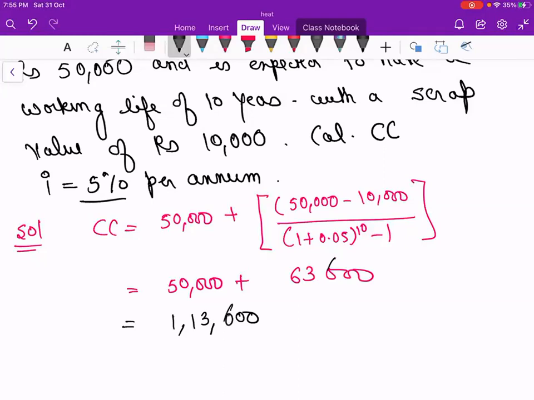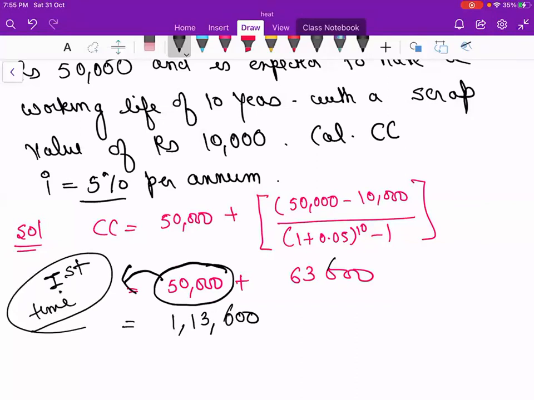See here, this 50,000 rupees is used for the purchase of the equipment for the first time.